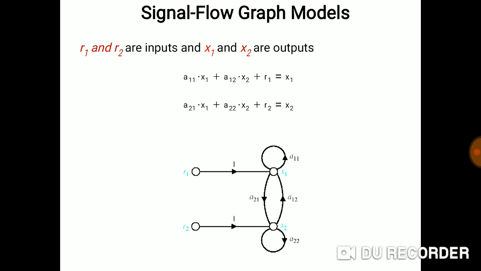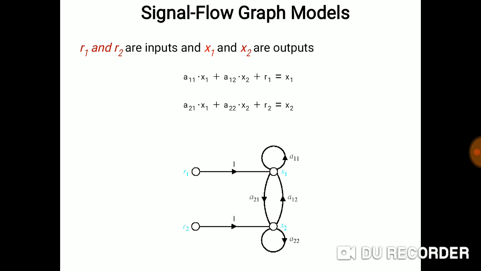If we consider X1 and X2, X1 has three input lines. One is from R1. Another one is a self-loop from X1 to X1, and another one is incoming from X2. So the equation for X1 is A11 of X1, as A11 is a transfer function starting from X1 and the destination is the same.